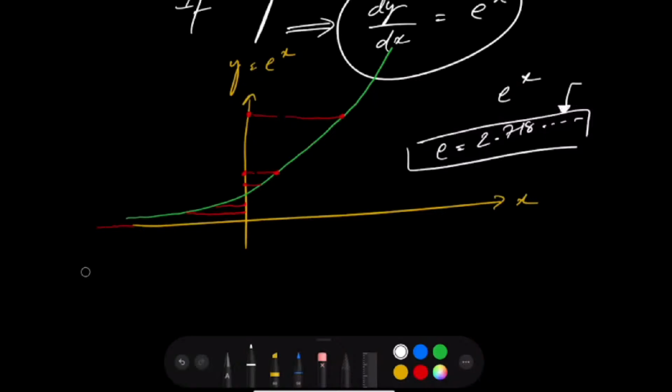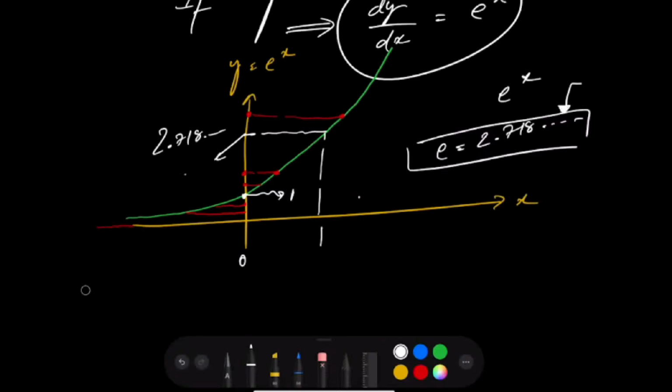Okay, so at x equal to 0, the value is 1. Why? 2.718 power 0 is anyway 1, and at x equal to 1 the value will be 2.718 and so on.